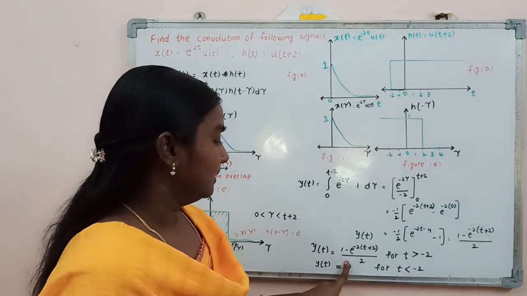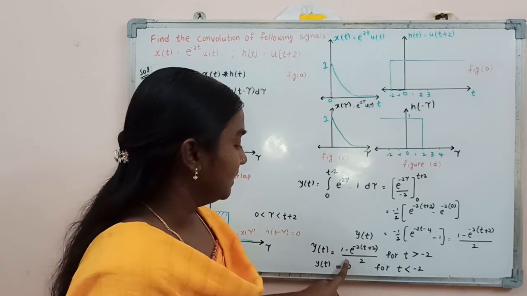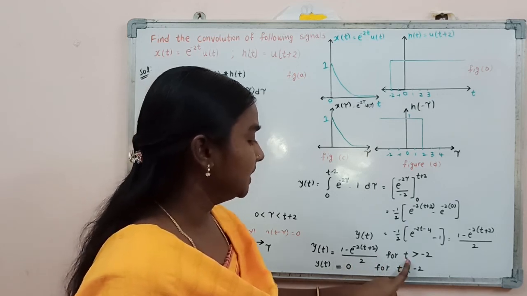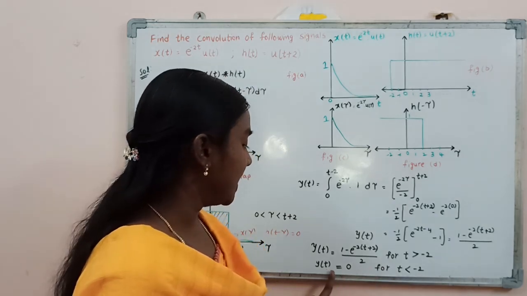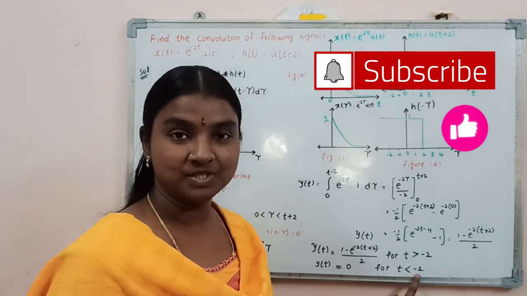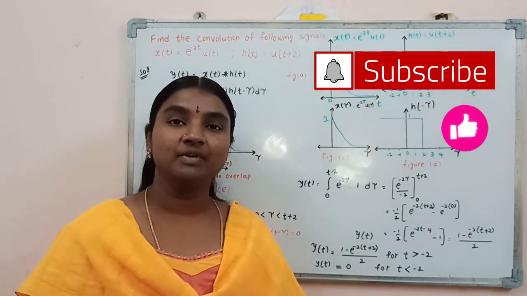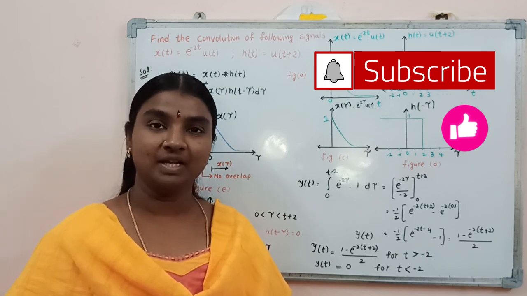This output signal is valid for the limit t greater than minus 2, and the output signal y of t is 0 for t less than minus 2. So in this manner, we may perform graphical convolution of continuous time domain signals.